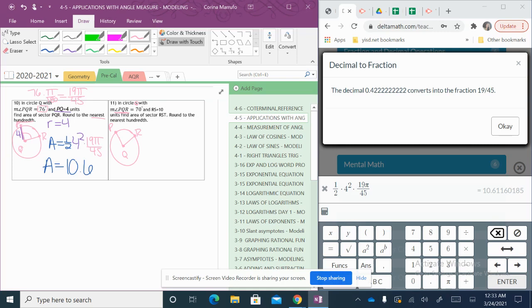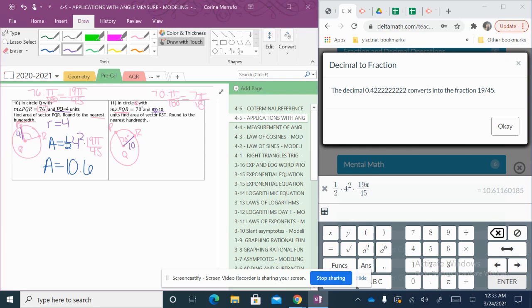This angle is 70 degrees, but remember we can't use 70, so we're going to have to change it to radians, so pi over 180, which is going to reduce to 7 pi over 18. So then now I have my angle, and then it tells you RS equals 10. Oh man, I really messed this up. It should be RQ, because remember we changed S to Q. So RQ is 10.